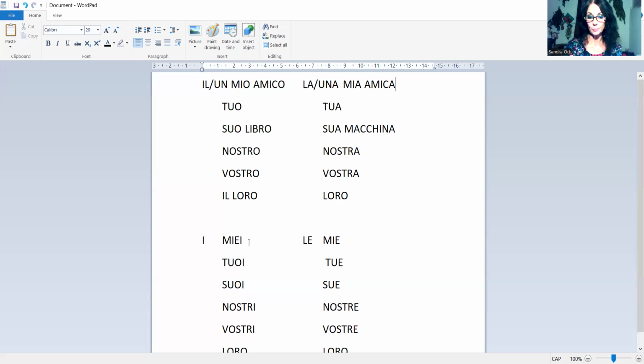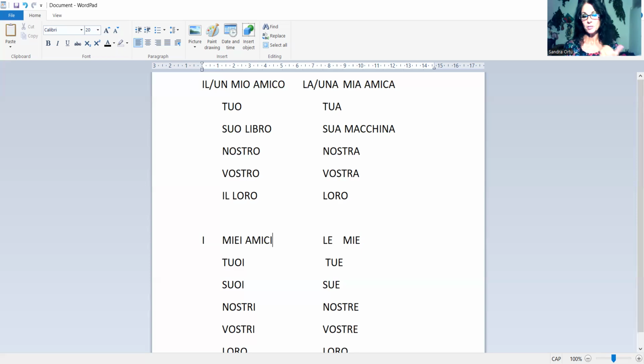And let's see the plural of this as well. So it's also an opportunity to see how we say and pronounce the word friend or friends in Italian. If we have many friends, we have i miei amici, my friends, male. So either they are all male, or remember, when we have a mixed group in Italian, it becomes masculine automatically.